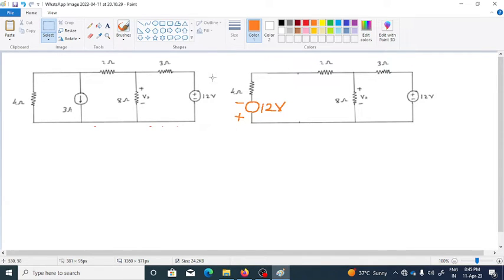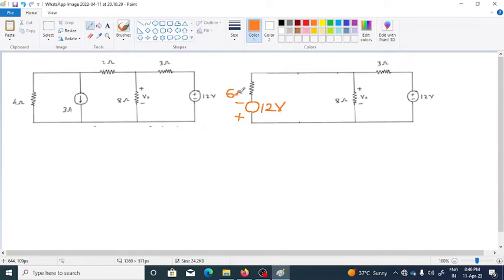So I can just replace this portion. This particular resistor is now replaced, and in place of this 4 ohm resistance, what I can write here is just a 6 ohm resistance.